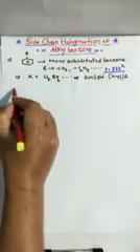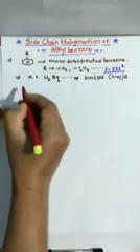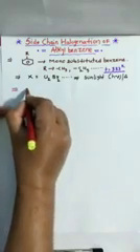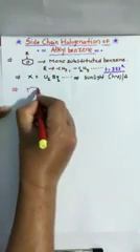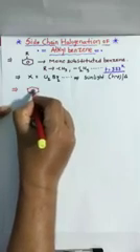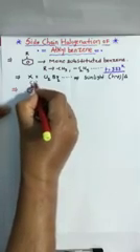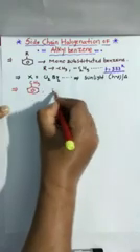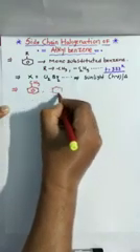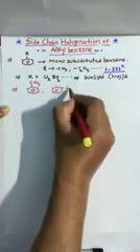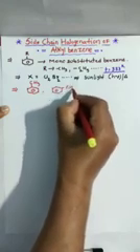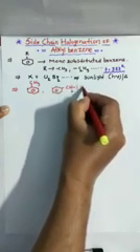Then what happens? What type of products do you get? Let me discuss in detail up to JEE level. See here, alkyl benzene I am taking, like benzene substituted with a methyl group, or benzene substituted with an ethyl group, CH2 CH3.